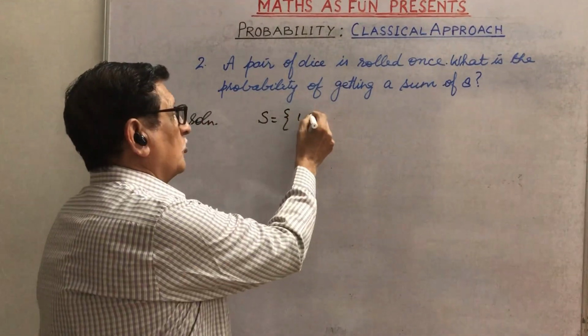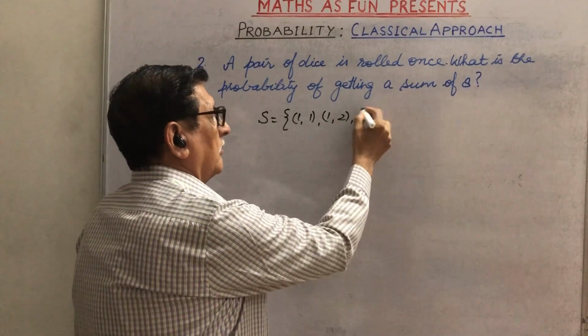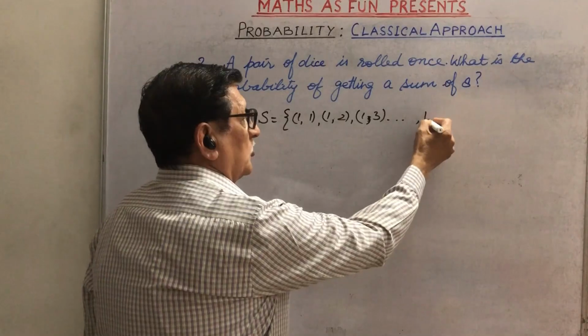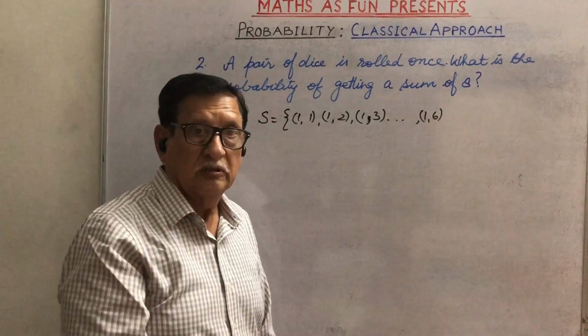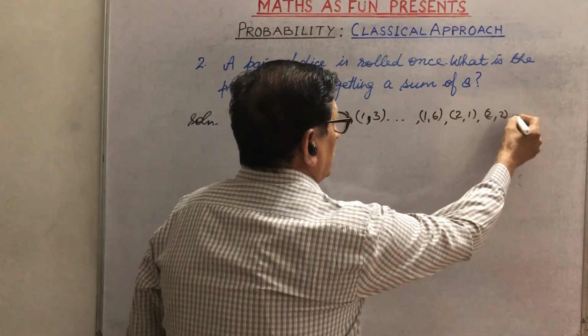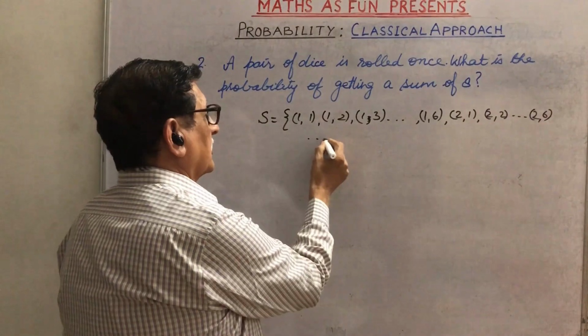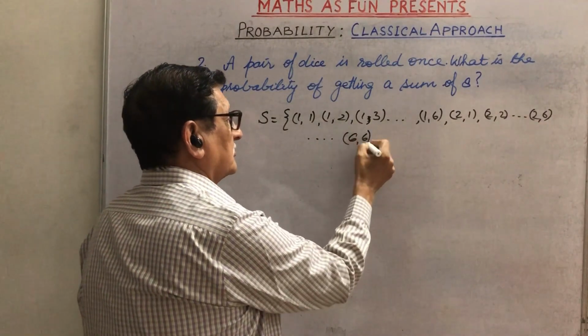That is like 1 1, 1 2, 1 3, and so on. It will go up to 1 6. Then we start with 2 1, 2 2, and it goes up to 2 6. And so on, all the numbers up to 6 6.